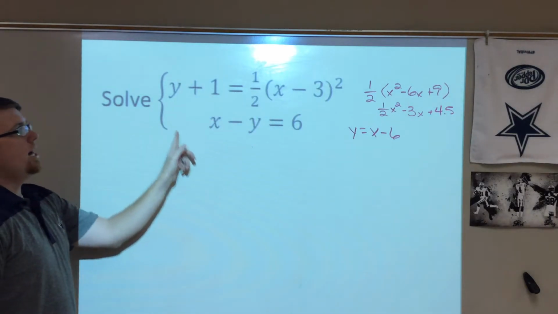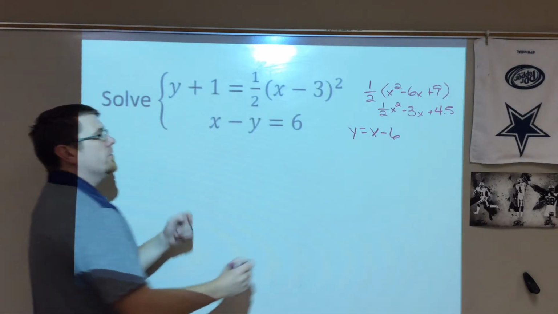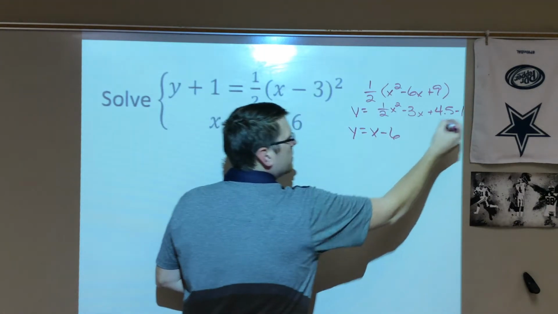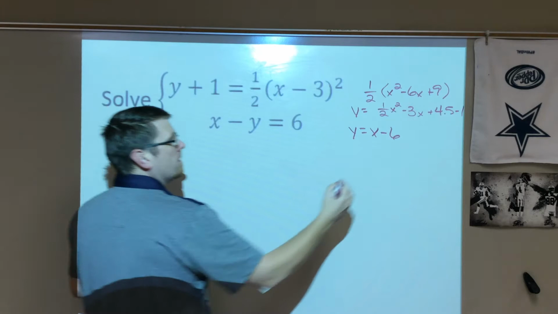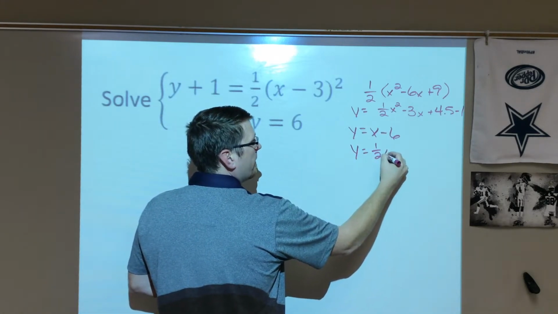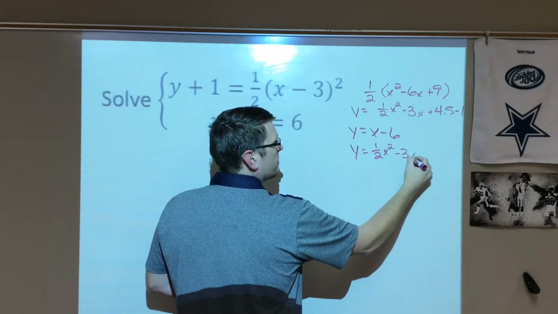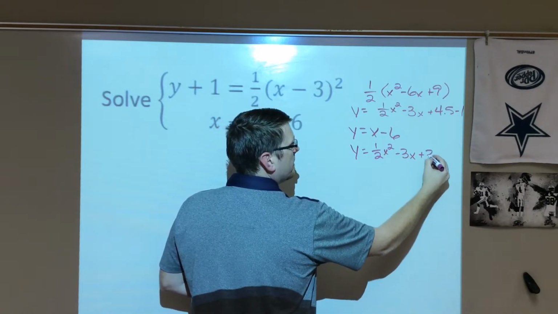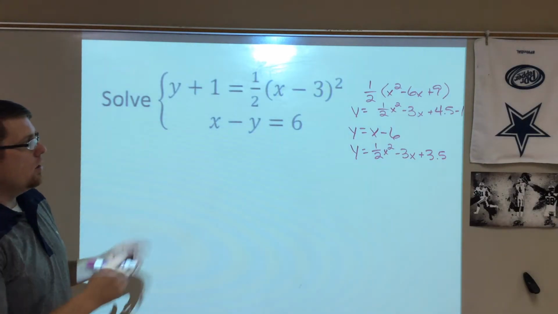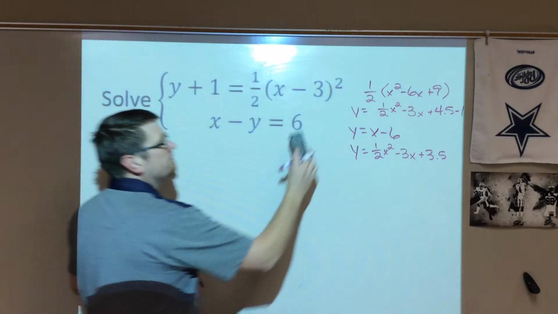And then I need to subtract this 1 over, because I don't want y plus 1. I want just y by itself. So the actual quadratic equation that I'm going to use is 1/2 x squared minus 3x plus 3.5. So there are my two equations that I'm going to use.